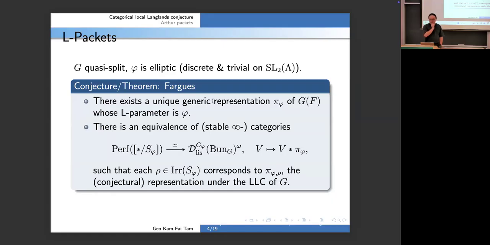Here I assume the classical local Langlands, the bijection of parameters with the L-packet. And even non-tempered. Here I just assume it is elliptic. Yeah, that is Fargues' statement.